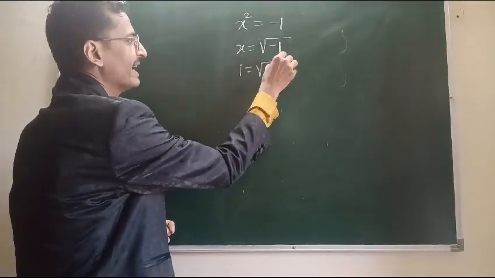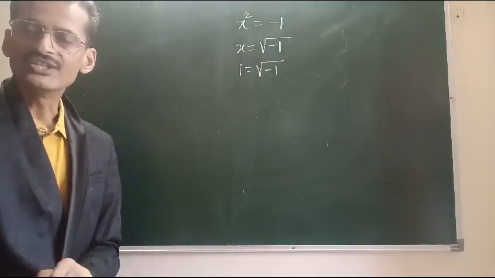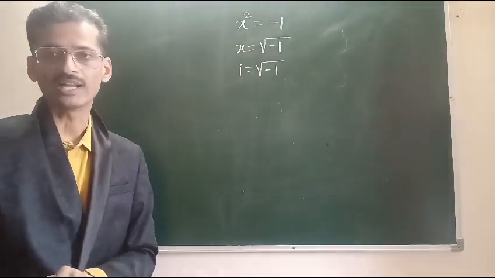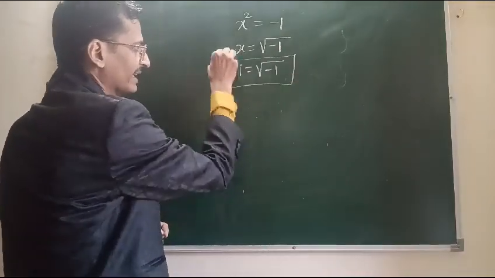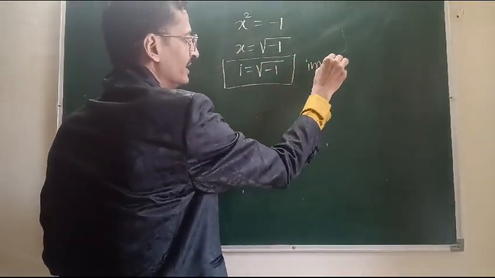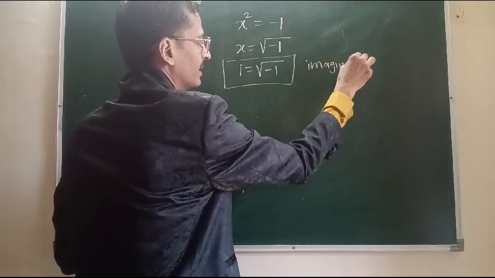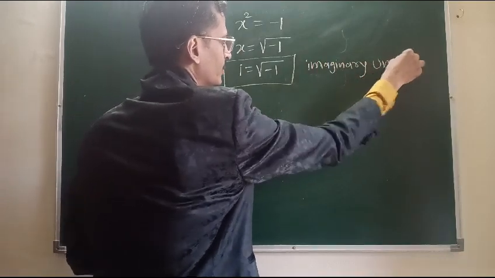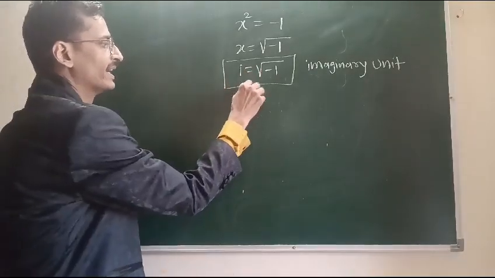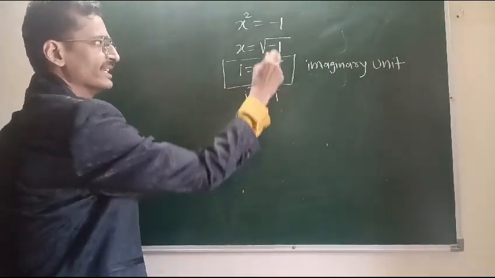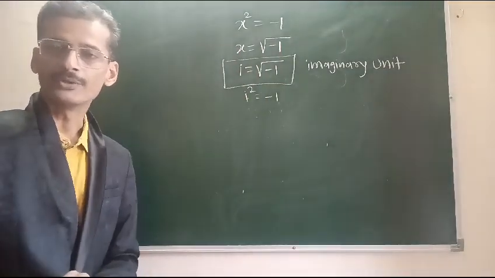It is defined as i. i is root of minus 1, which is called iota. Now this i we also call the imaginary unit. So i square is what? i square is the square of this, that is minus 1. So this is the property of i.